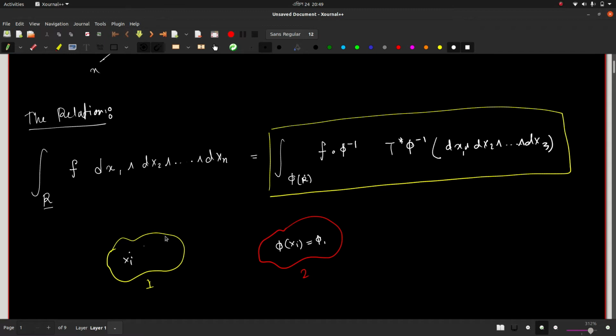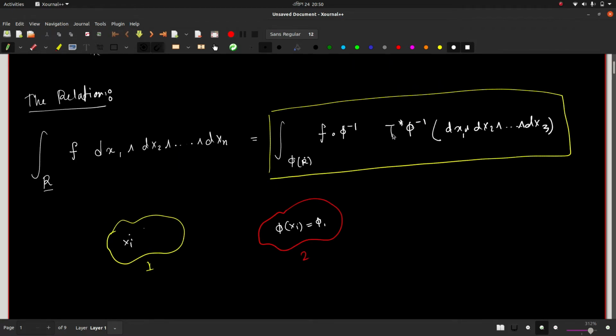So that's why you need to have a pullback on the differential forms that you introduce in manifold 1. So this is one way to think of it. The proof is not very hard, but we will skip that for now, and we'll try to see how we can use this quantity, let's say this is equation number 2, to help us evaluate different kinds of integrals that involve differential forms.